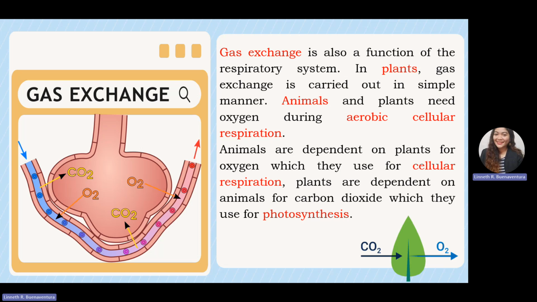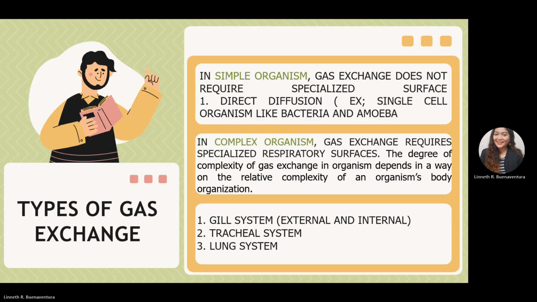The plants are also dependent on animals for carbon dioxide, because animals produce carbon dioxide, which is essential for photosynthesis in plants. As you can see in our PowerPoint, it shows the carbon dioxide and oxygen exchange using the capillaries at the end of our air sacs, or alveoli.